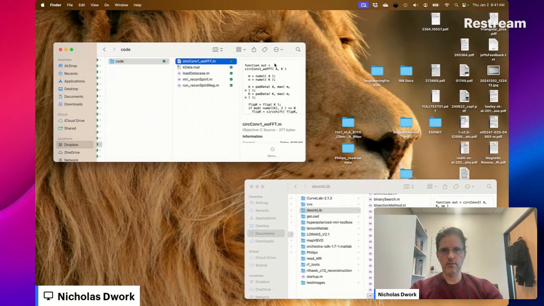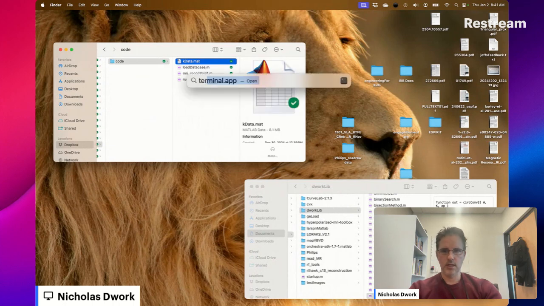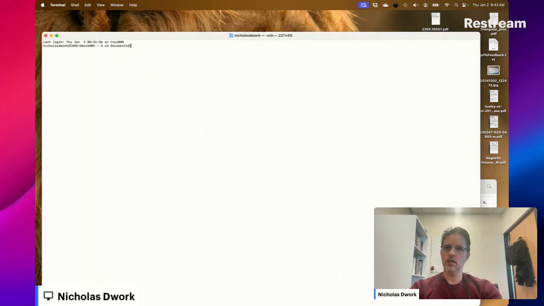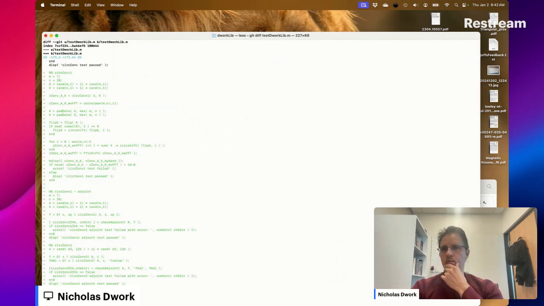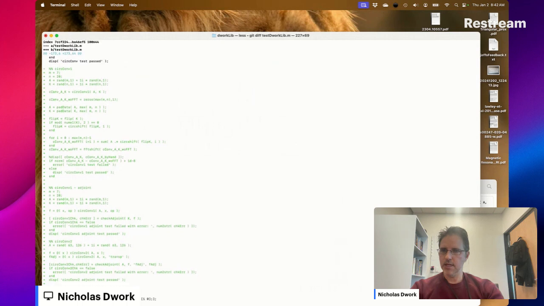You can delete circ conv 1 without FFT. Test work lib has, the differences are that it's added the tests for circ conv 1 and its adjoint and circ conv 2.